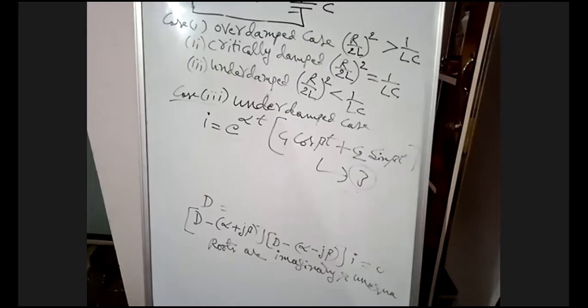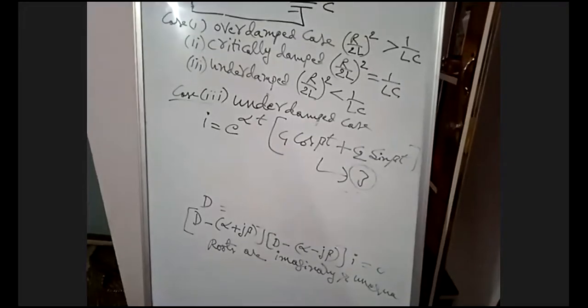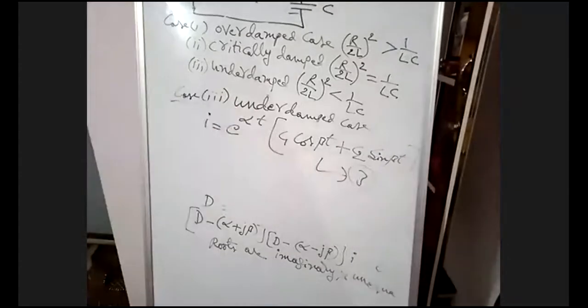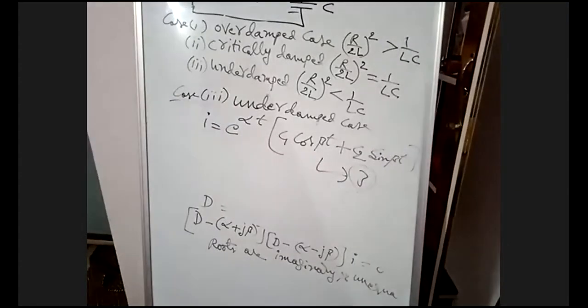Next, third one, roots are imaginary and unequal. If you have imaginary roots, we will write e power alpha t, real value into t, into c1 cos beta t plus c2 sin beta t. Alpha is the real value, beta is the imaginary value. This is the solution for the current.